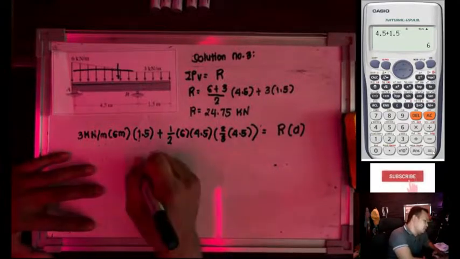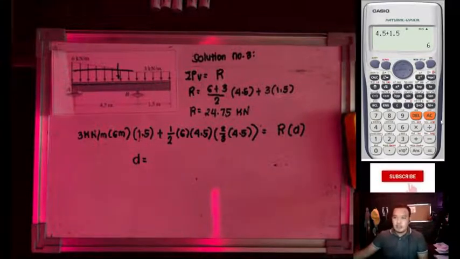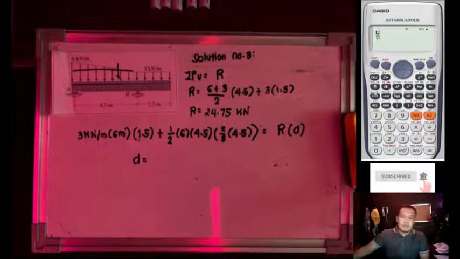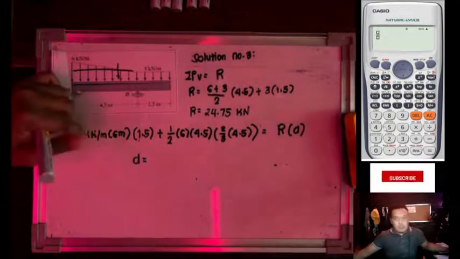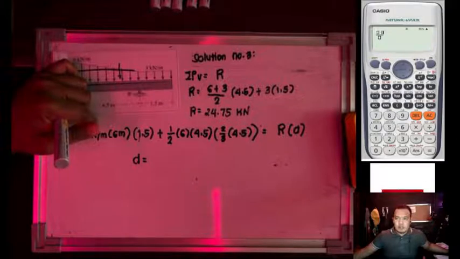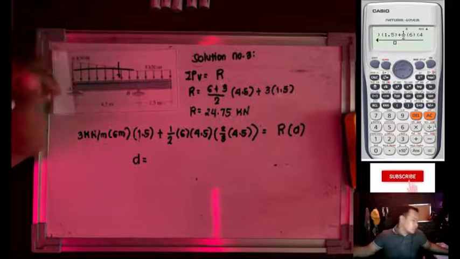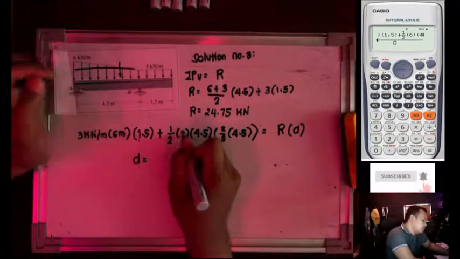Okay? So D is equivalent to, go straight to the calculator so we don't run out of pen ink, divided by the R. So we have 3 times 6 times 1.5 plus 1/2 times 6 times 4.5. Times 3 actually, not 6, since we already subtracted earlier.